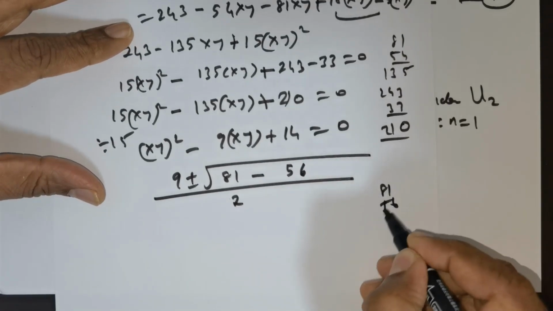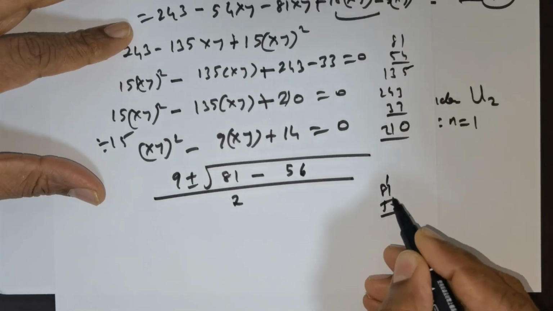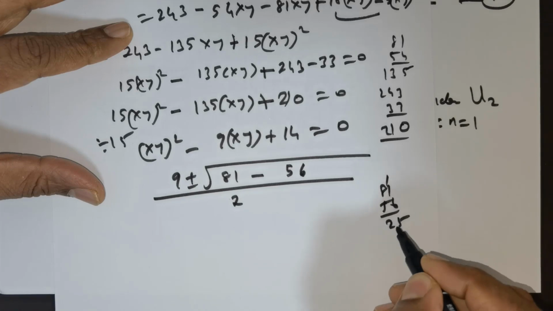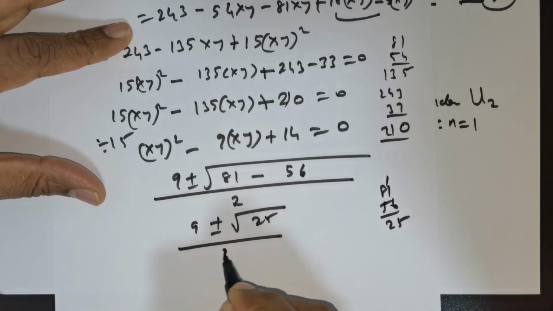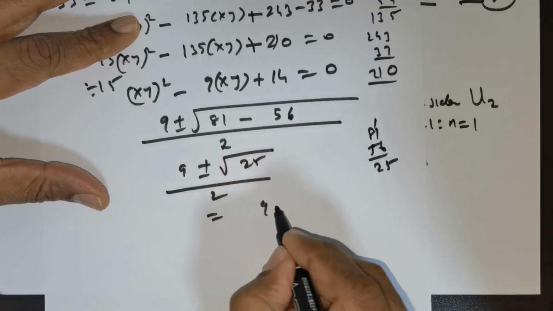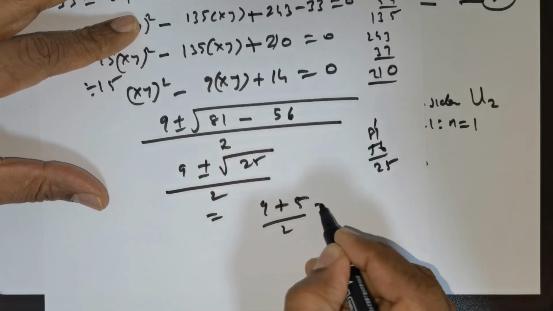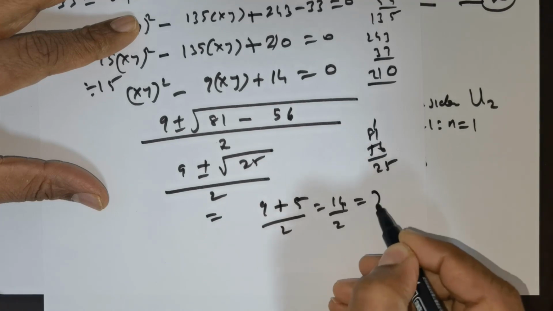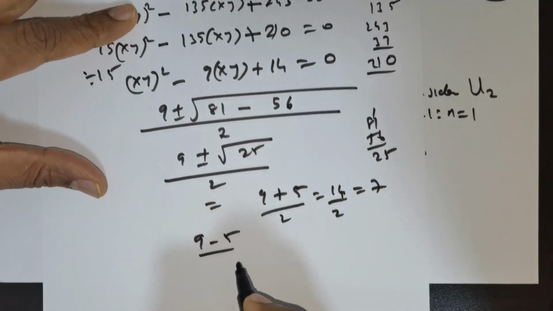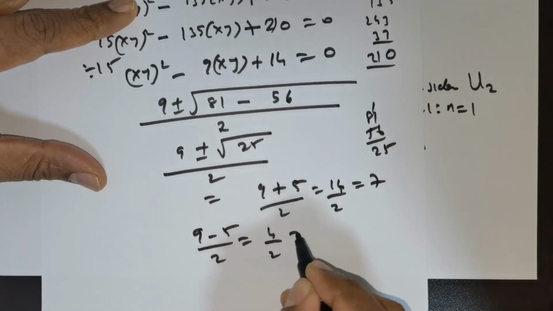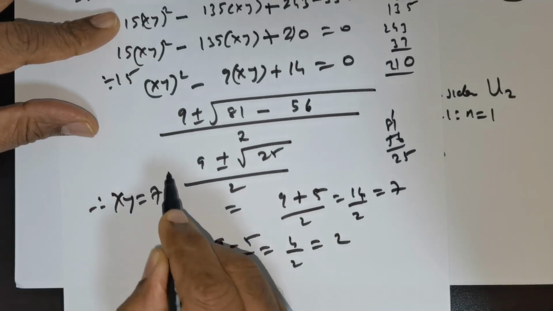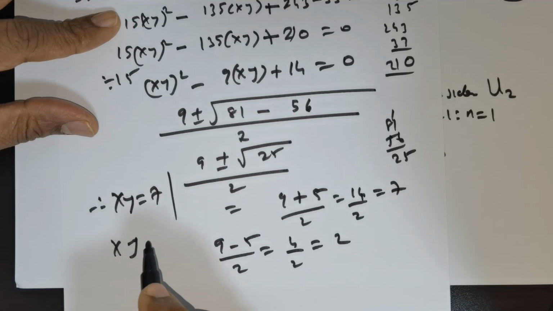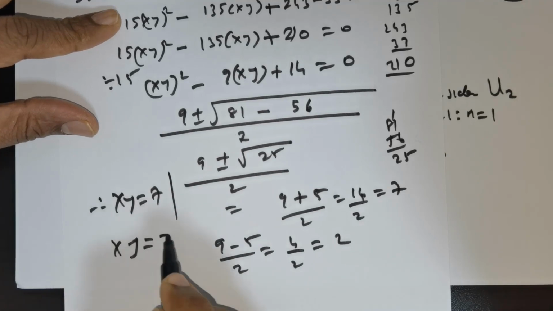This gives me 9 plus 5 divided by 2, which is 14 divided by 2, which is 7, and 9 minus 5 divided by 2, which is 4 over 2, which is equal to 2. So we got two values, xy is equal to 7 or xy is equal to 2.